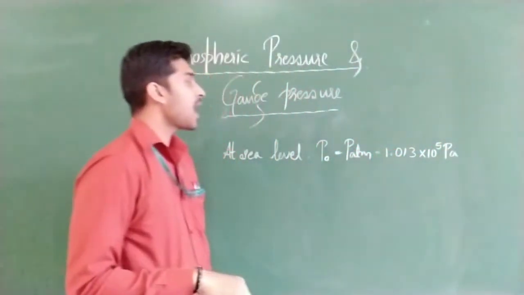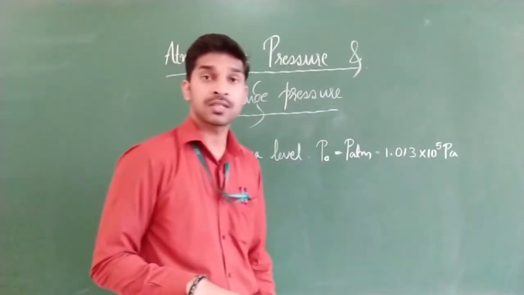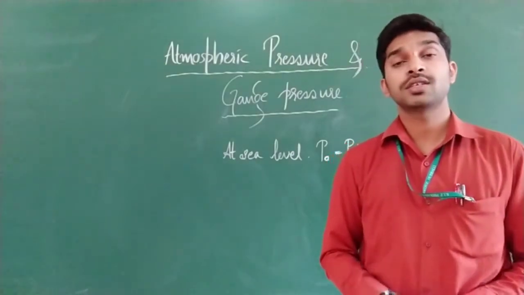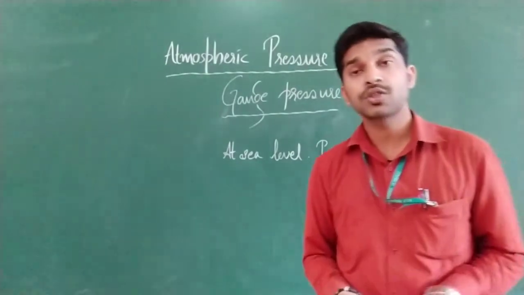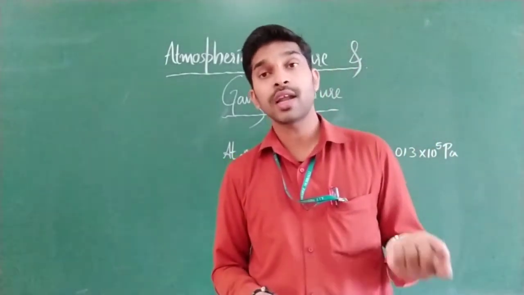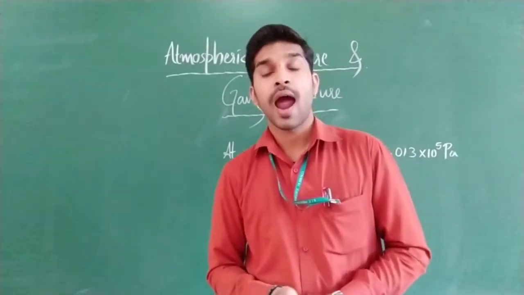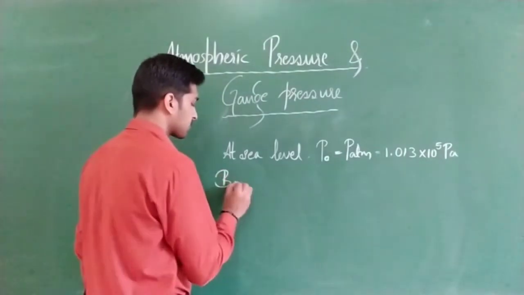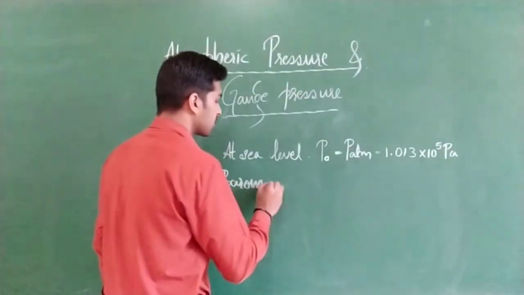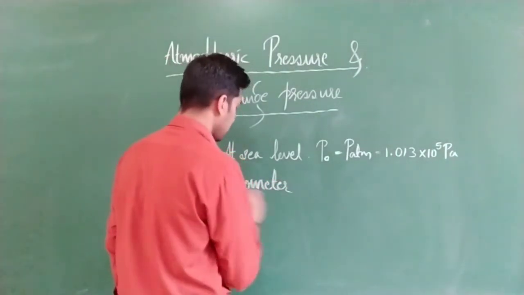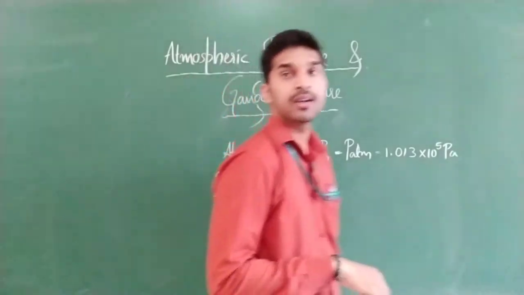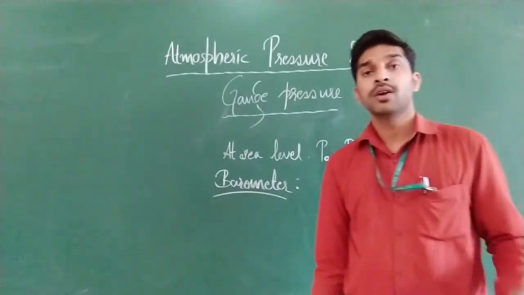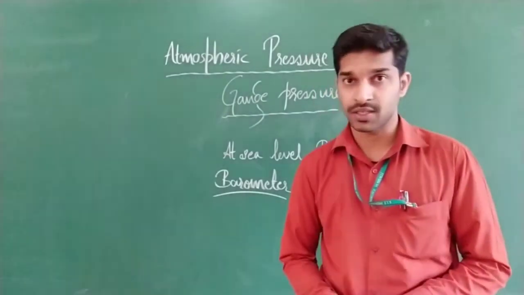Clear? And one of the great scientists, Torricelli, invented an instrument to calculate atmospheric pressure. The name of that instrument is barometer. So the barometer is an instrument to calculate atmospheric pressure.